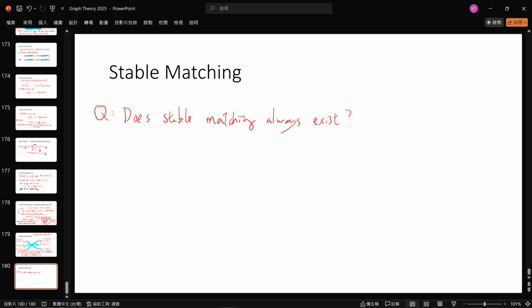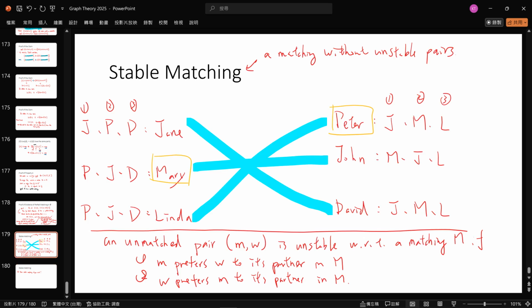So we're going to answer this question under some natural assumption, that is the number of men and women are the same, and they all have their preference lists.